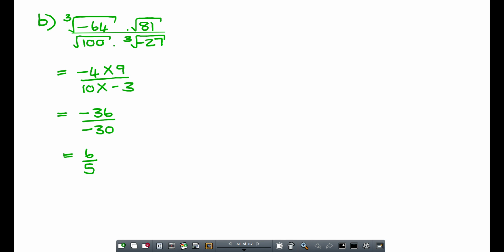Remember, because there's a negative both at the top and at the bottom, those are going to cancel each other out, so it's going to be a positive answer. And 6 can go into both the top and the bottom, and we end up with 6 over 5. Or if you wanted, you could have said 1 and 1 over 5, but you can stick to the improper fraction. Still correct.